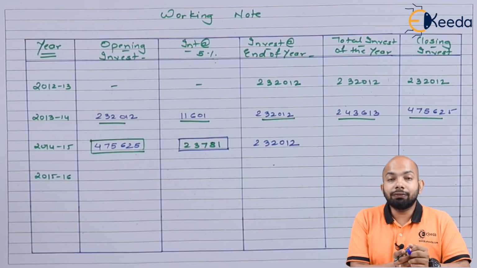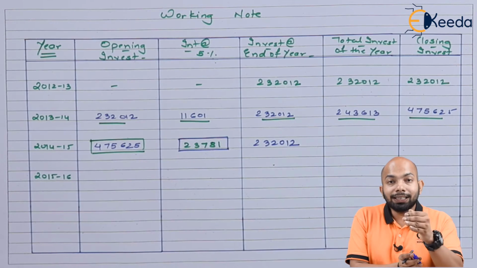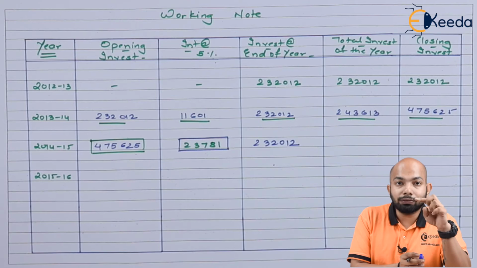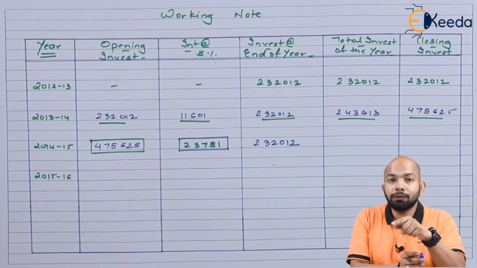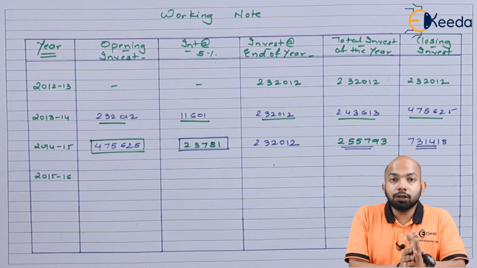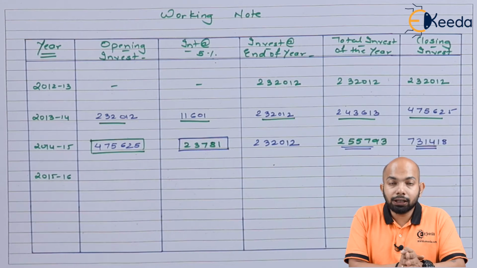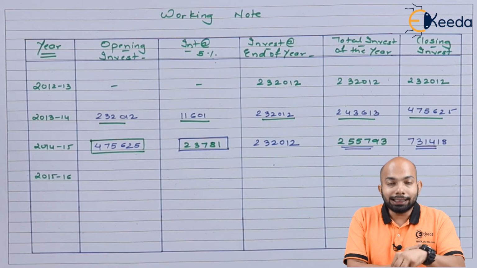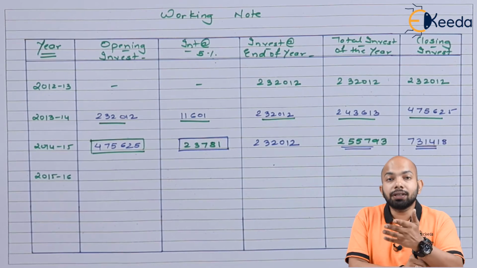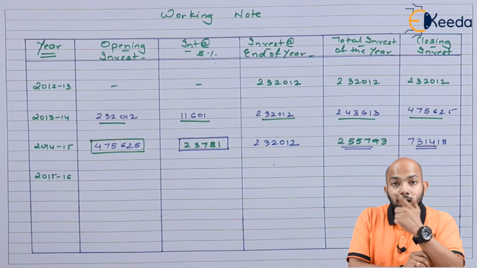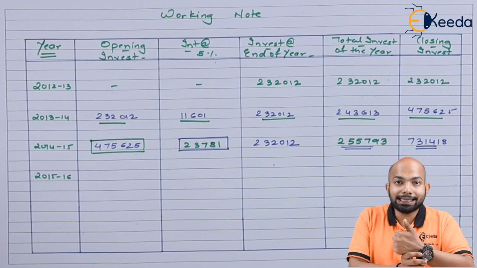But the total investment will be the investment that you have done at the end of the year plus the interest on it, and that will be added with the previous year's closing. Now, if you can see, we have mentioned the total investment at the end of the year as well as the closing investment. Closing investment includes this investment plus the previous year's closing. So that gives you the total which has been highlighted there. Now that closing will be the opening for the next year.